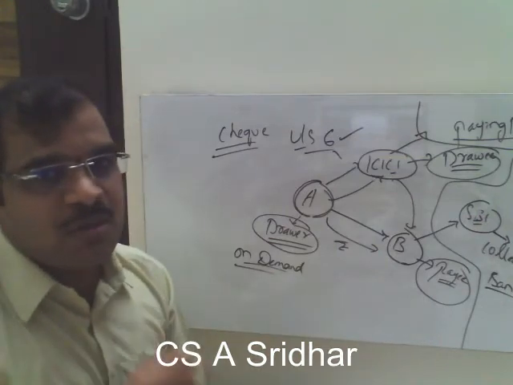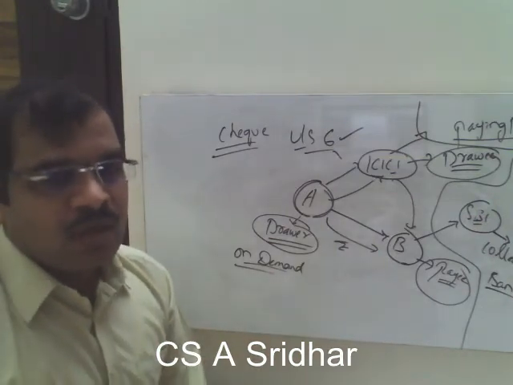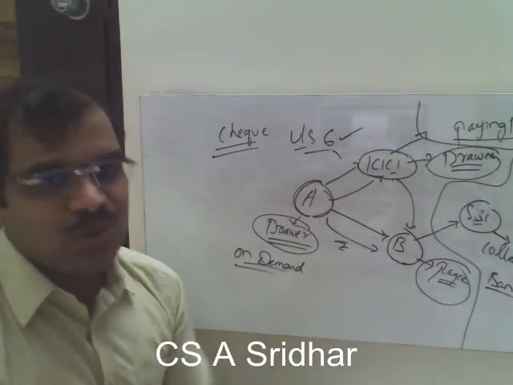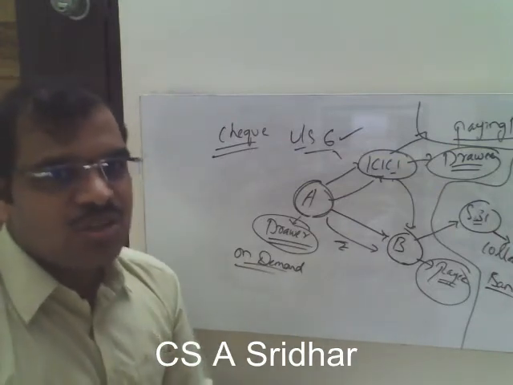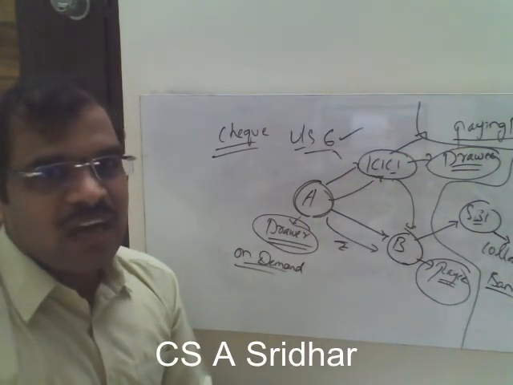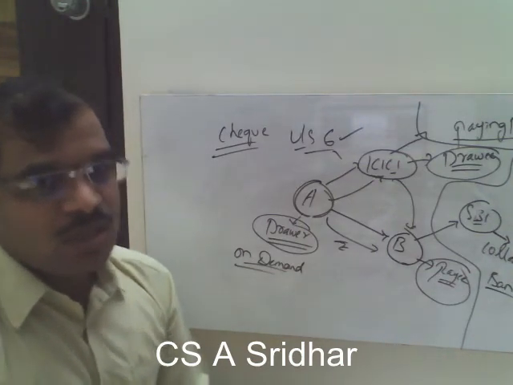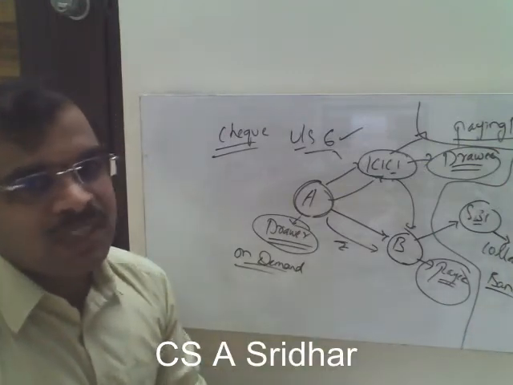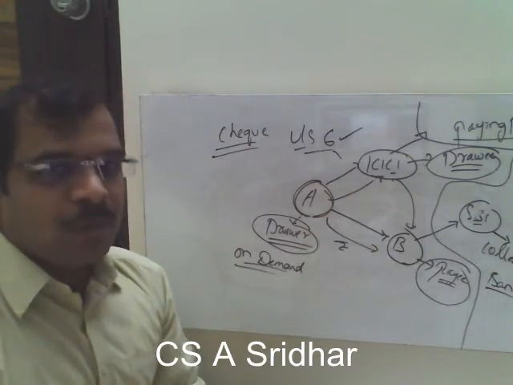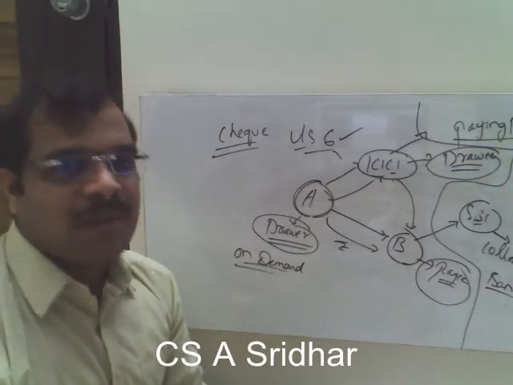Suppose take the example, if I am giving the check to you and you are keeping the check in your pocket, ICICI Bank will not come to you and ask you, well, do you have my check? Please come to me and I will make the payment. That is not possible. You have to approach the banking company and you have to make the demand. Here demanding means in a proper manner you have to submit the application form.